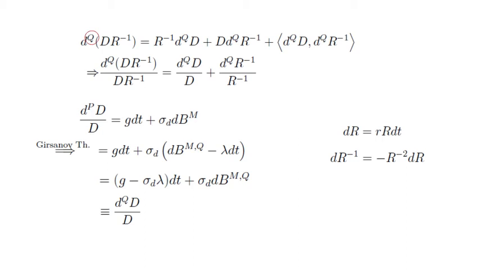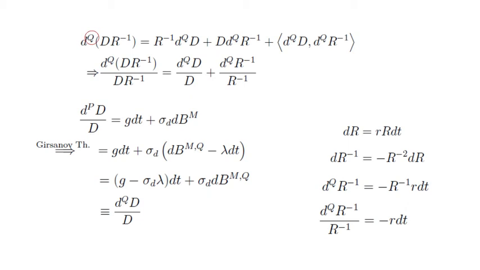So again, for me to tell myself I want the Q dynamic, I write that as dQ R to the minus 1. And that is minus R to the minus 1 r dt. And if I want under Q the change of R to the minus 1 over R to the minus 1, it's simply minus r dt.